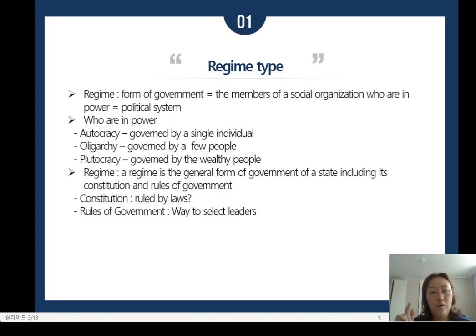So when we talk about the members of social organization who are empowered, it doesn't necessarily mean they are elected. If these members of social organization who are in power are elected, we call this democracy. But if they got power through a coup, then we call this dictatorship. So how they came to power, that's actually a decision.